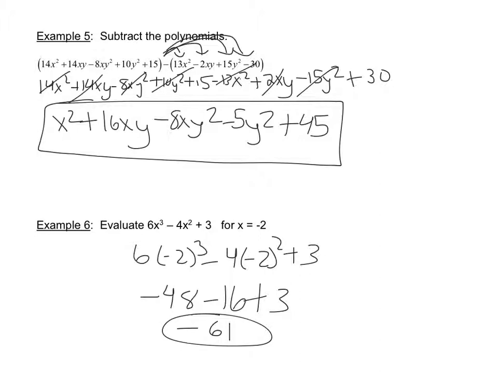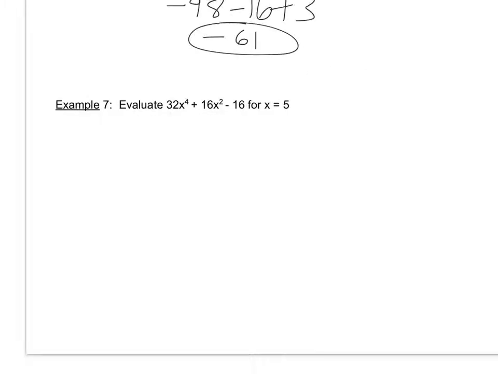Let's look at some more. Evaluate for x equals 5. So that means 32 times 5 to the 4th plus 16 times 5 squared minus 16.